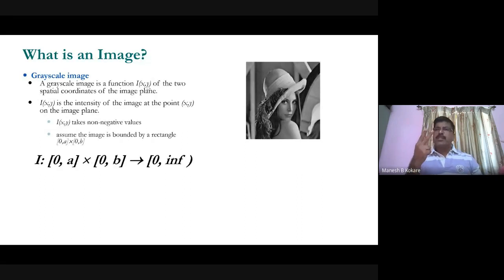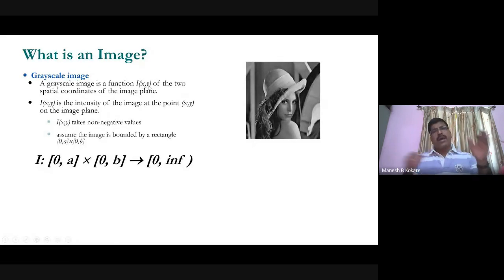So in the image there are two independent variables, x and y. That's why an image is considered a two-dimensional signal, represented as I of x comma y, where I is the intensity at the location x and y.